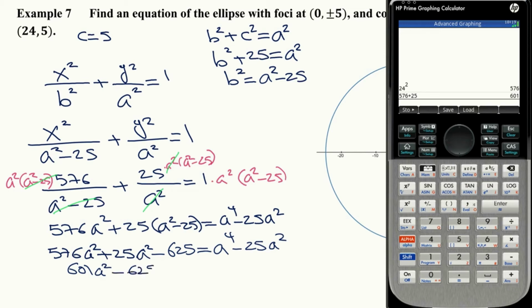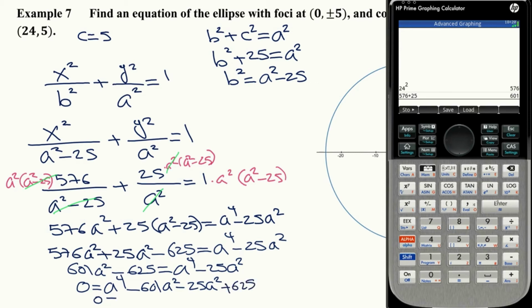Minus 625 equals a to the 4 minus 25 a squared. Now we'll move everything to the right side and get a 0 on the left side. So we get 0 equals a to the 4 minus 601 a squared minus 25 a squared, and then plus 625.